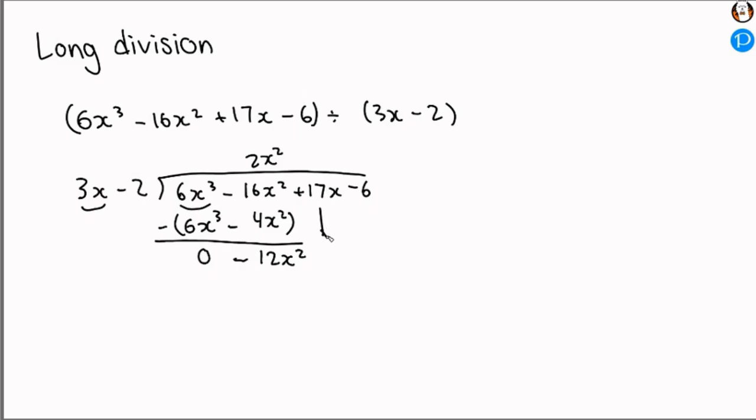Now let's bring down the 17x and repeat the process. Negative 12x to the power of 2 divided by 3x is going to give us negative 4x. Multiply negative 4x by 3x minus 2. We're going to get negative 12x to the power of 2 plus 8x.